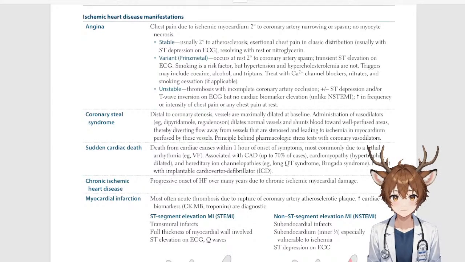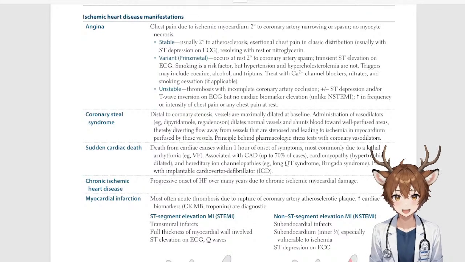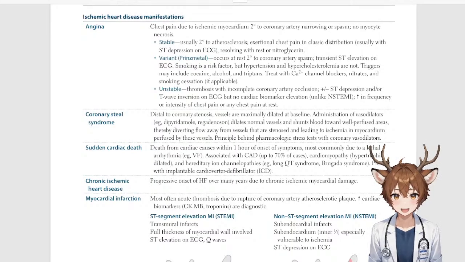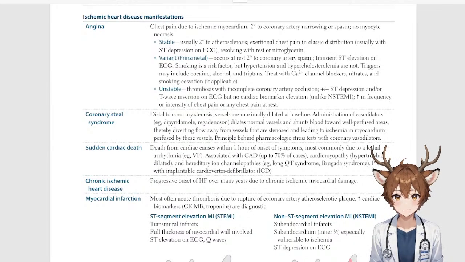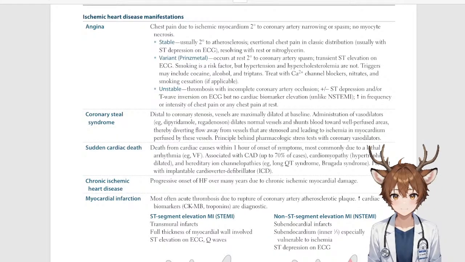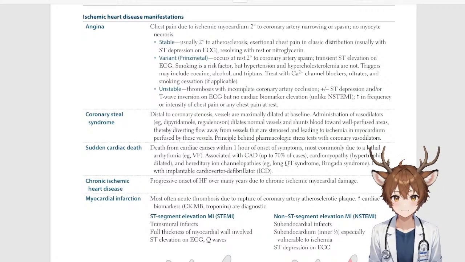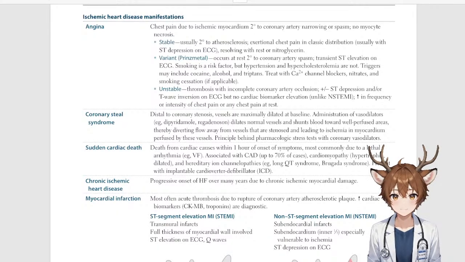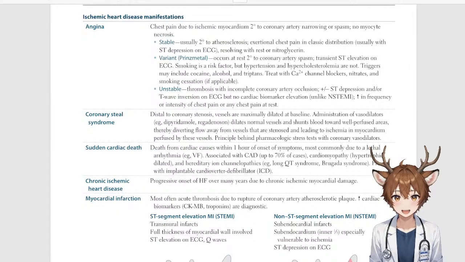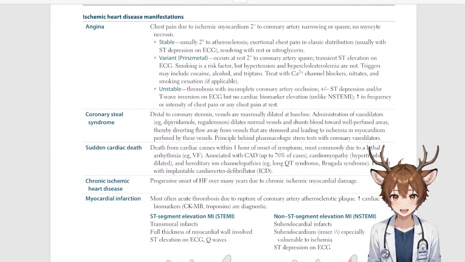Coronary steal syndrome. Distal to coronary stenosis, vessels are maximally dilated at baseline to compensate for reduced blood flow. Administration of vasodilators like dipyridamole, adenosine, regadenoson dilates normal vessels, leading to a decrease in hydrostatic pressure in normal coronary arteries, leading to blood being shunted towards the well-perfused areas.